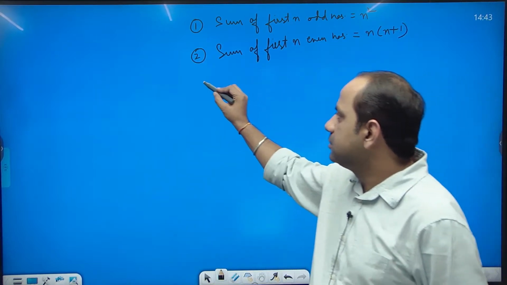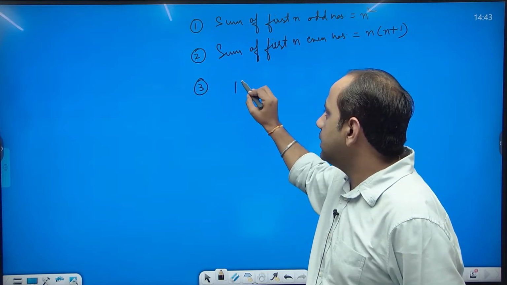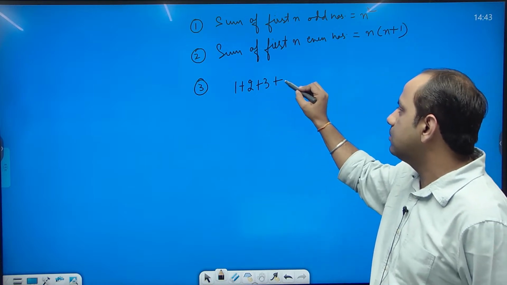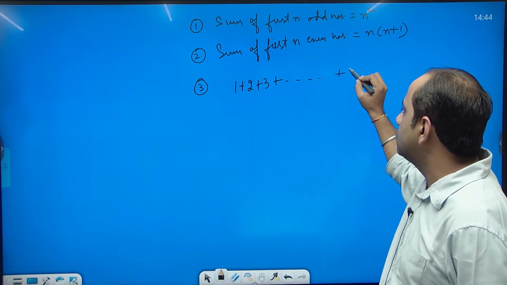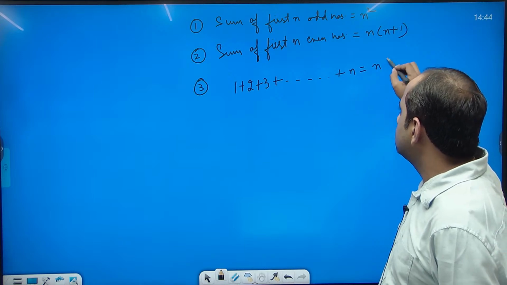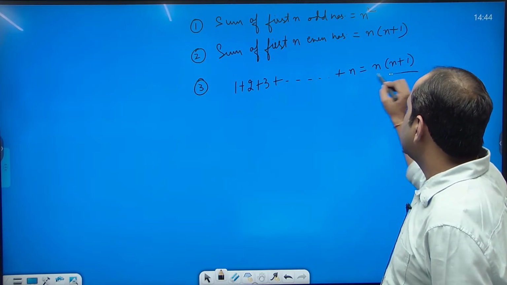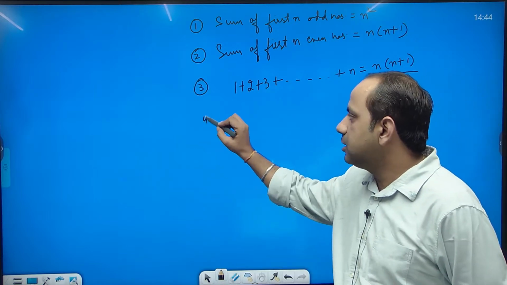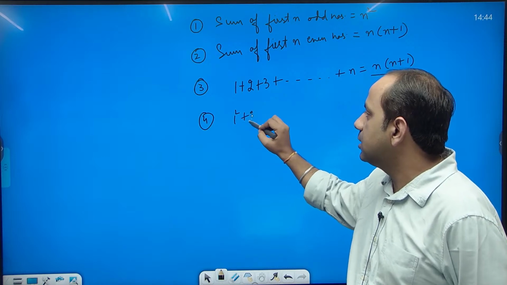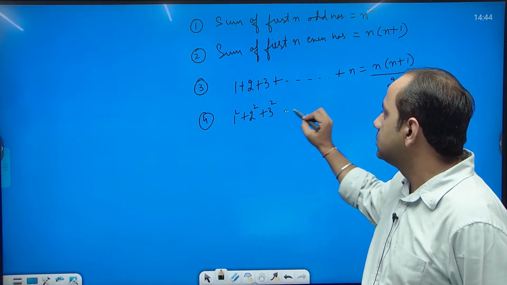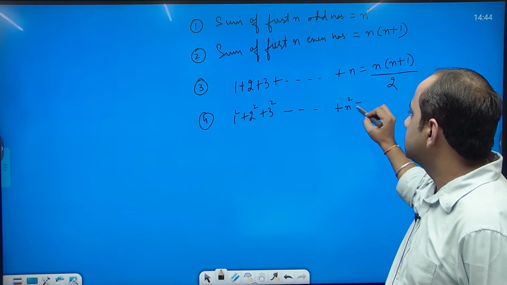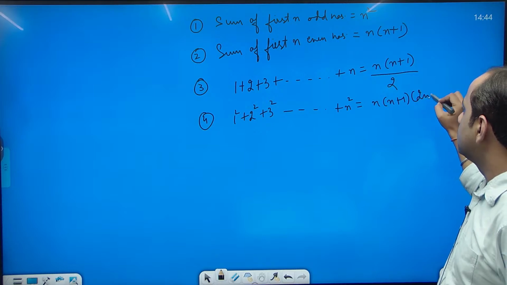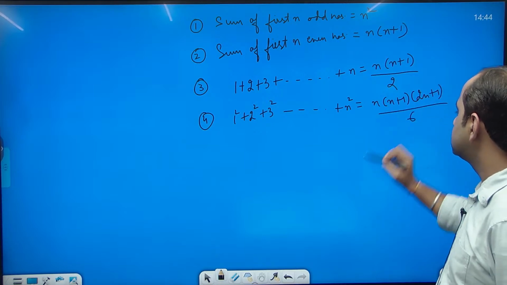Third point is, if I take the sum of all consecutive numbers, I am not talking about odd or even numbers, 1 plus 2 plus 3 plus 4 and so on up to n, this is equal to n into n plus 1 by 2. Is it okay? If I take the sum of all squares, 1 square plus 2 square plus 3 square and so on up to n square, this is equal to n into n plus 1 into 2n plus 1 upon 6.